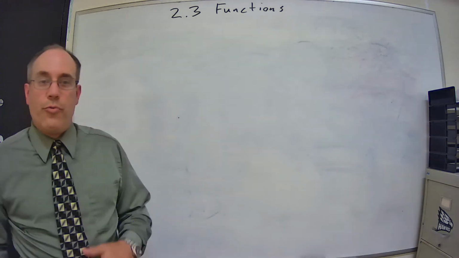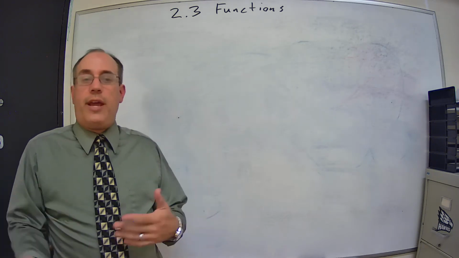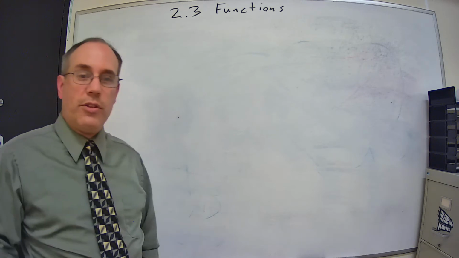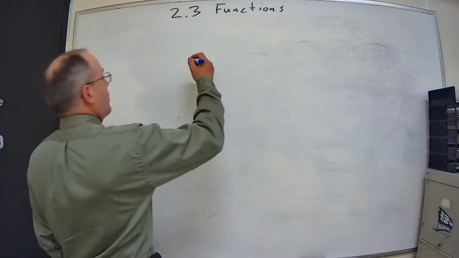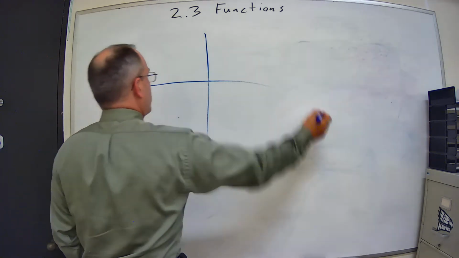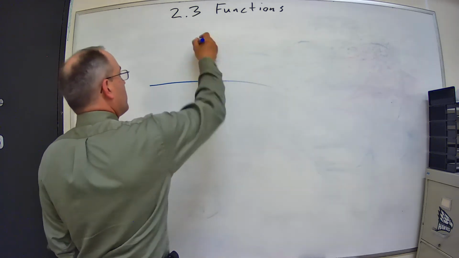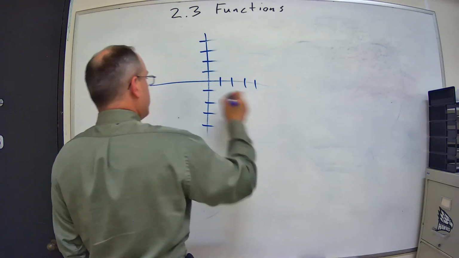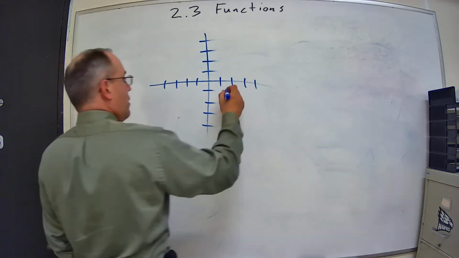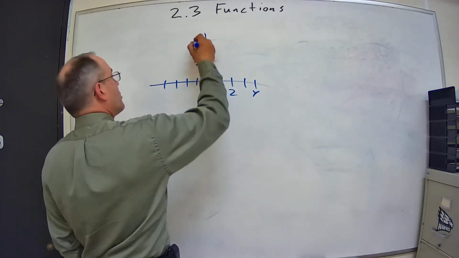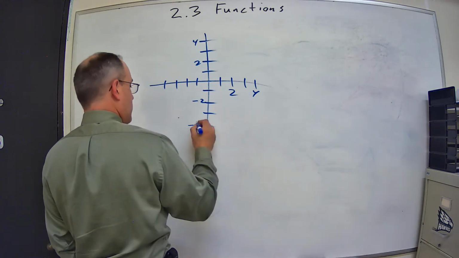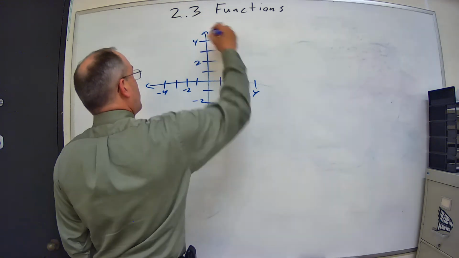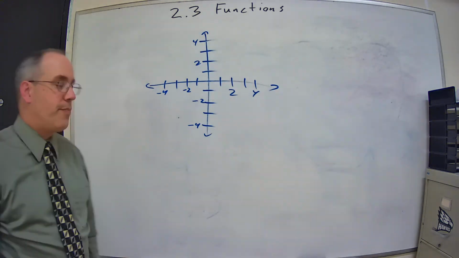But we can go through and we can determine domain and range from something like that, or we can even look at the graph of a function. Maybe I have a function. I'm just going to number these. You remember, always number your axes. I'll be good and put my little arrows on the ends, right?